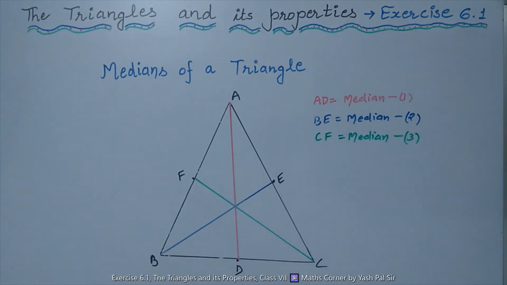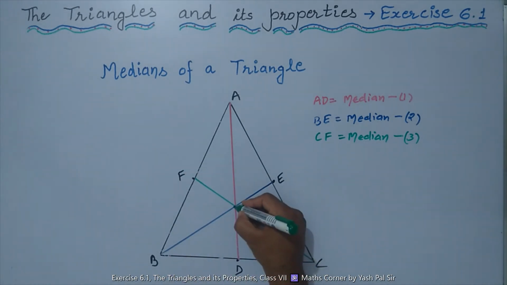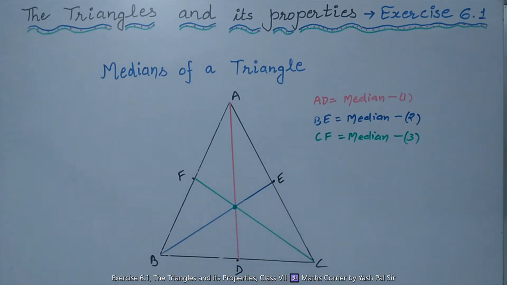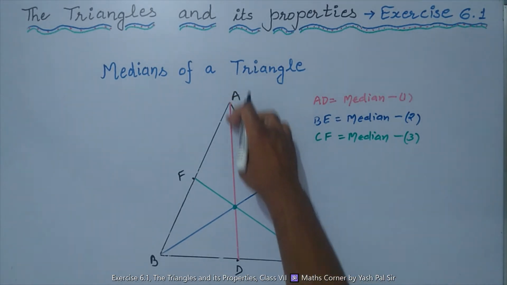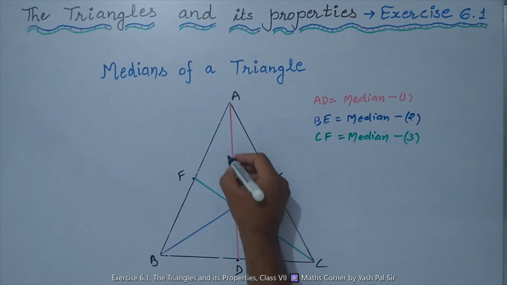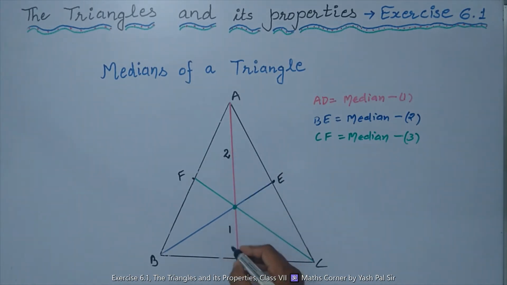So very interesting thing is that all the medians of the triangle, if they are drawn together, they meet at the same point, right? Now let us proceed. One more interesting thing is that these medians meet each other and cut each other in the ratio 2:1, right?